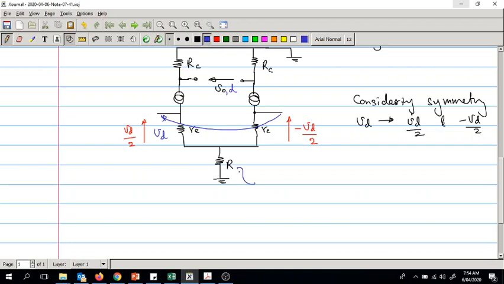So no current in AC, right? So therefore this point becomes a virtual ground. Virtual ground.